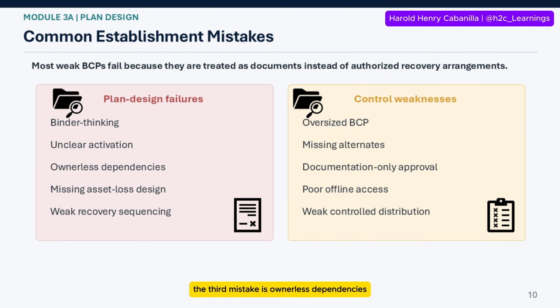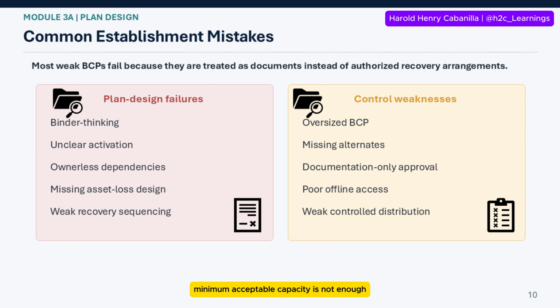The third mistake is ownerless dependencies. A dependency list without owners, alternates, validation methods, and update triggers gives false assurance. The fourth mistake is missing asset loss design. A plan that lists hazards but does not define arrangements for common capability losses may be too fragmented to use. The fifth mistake is weak recovery sequencing.